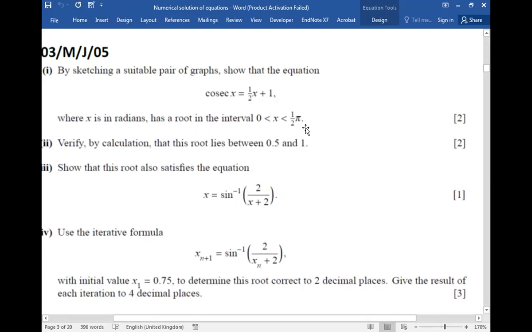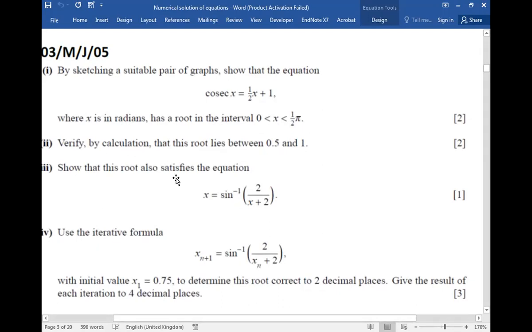And we'll see that in this domain, these two equations just intersect at 1 point, right? So we'll know that in radians the root lies between 0 and half pi. There is just one root between 0 and half pi.